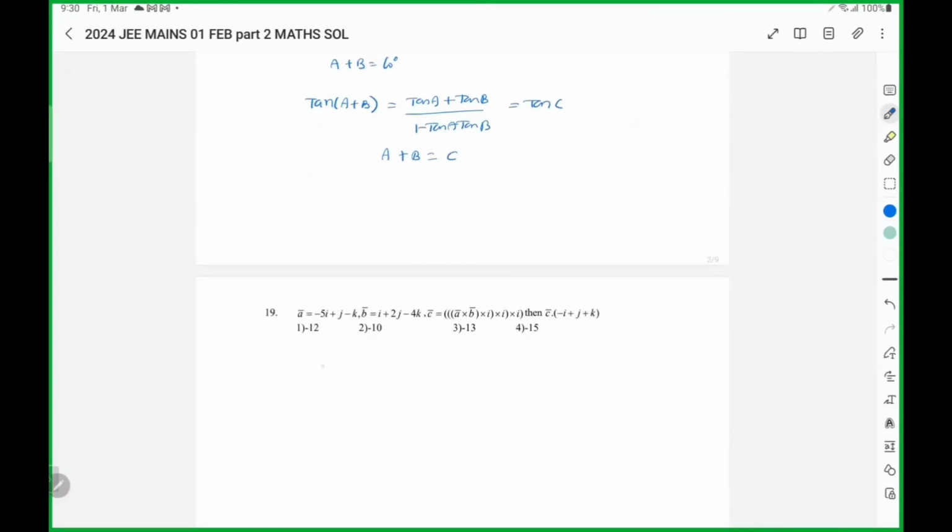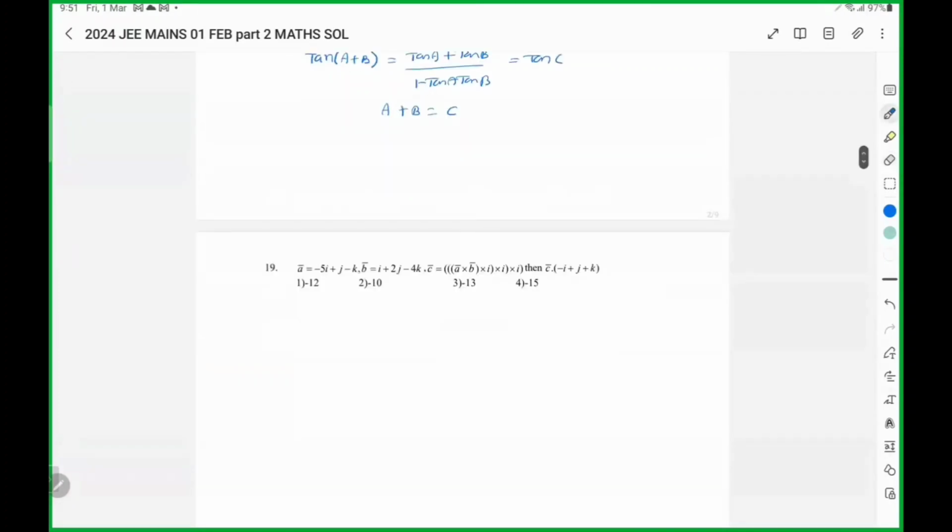Here it is. So A bar cross B bar cross I will be (A dot I) minus (A dot I) into B. So A dot I will be minus 5 plus 2j minus 5k. B dot I will be 1 minus 5i plus 5i minus j plus k.